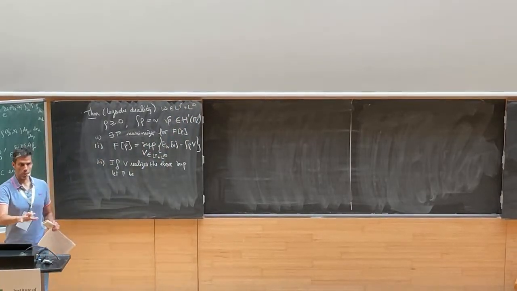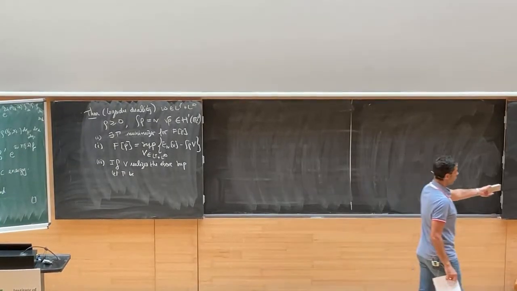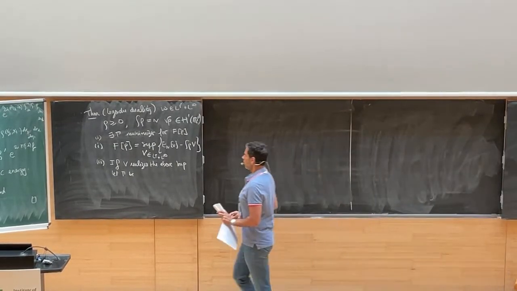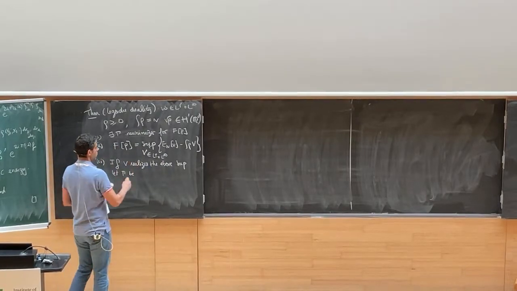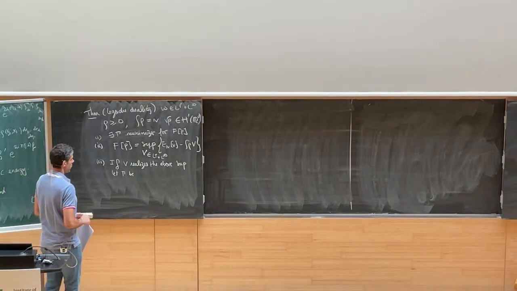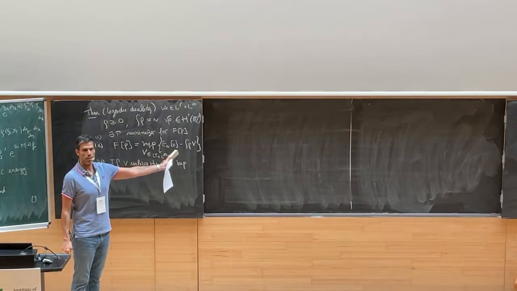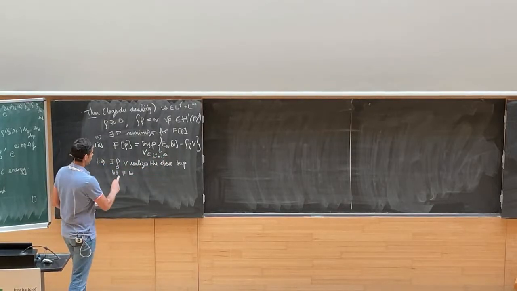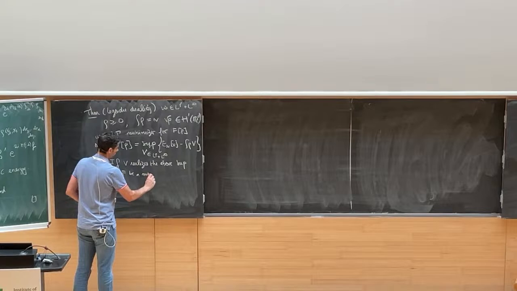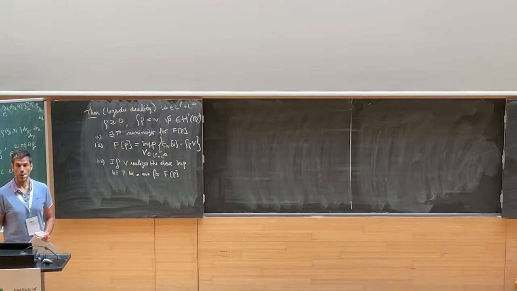Okay, so you pick a rho, then I'm telling you there's always a gamma that will solve this minimization problem, here or there if W is 0.